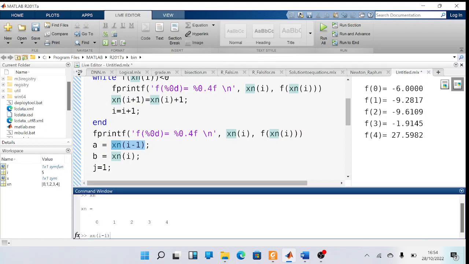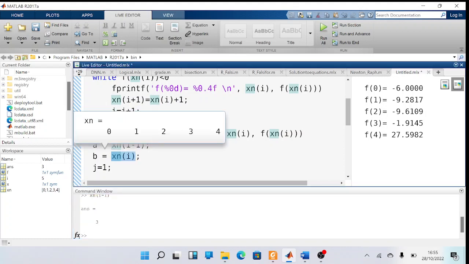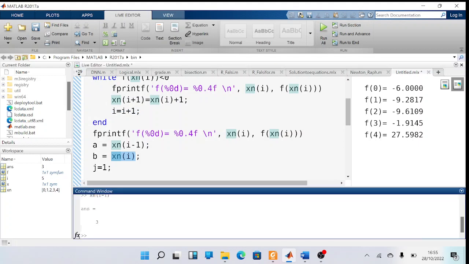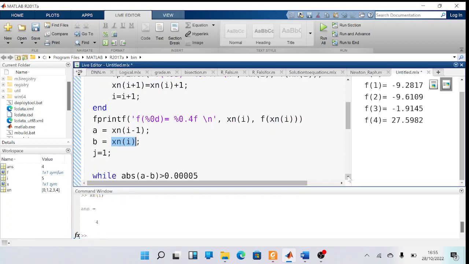I want to run that one here so that we see the value is 3, and xn should give us the last value here, which is 4, so that we see that we have set the values correctly. Then we set another counter, and then the stopping criteria for our root.